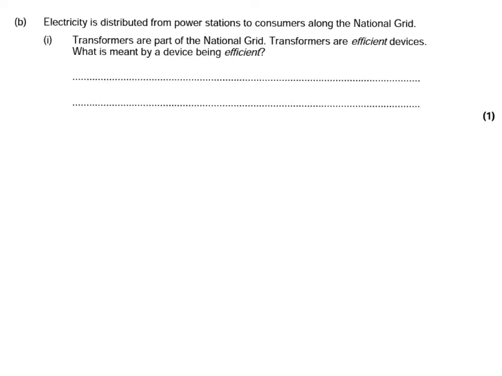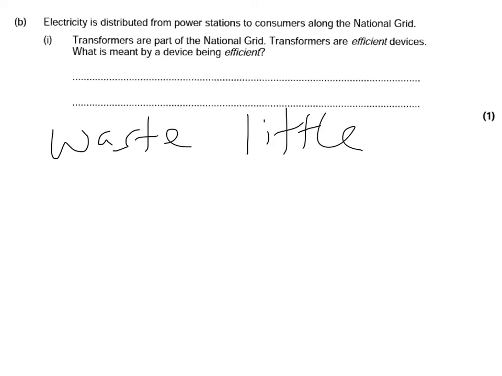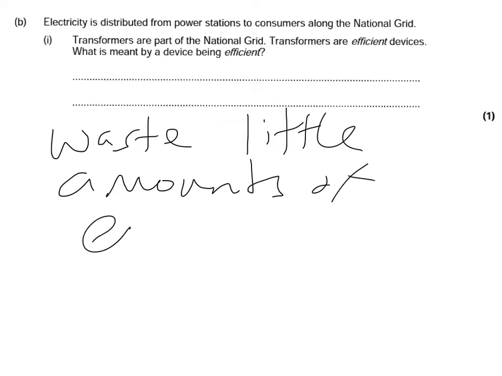In part B of the question, you're asked to describe what is meant by a device being efficient. So if you're an efficient device, you waste little, small amounts of energy. That again is something you should know from P1.2 or 1.3, is the idea that it wastes little amounts of energy.